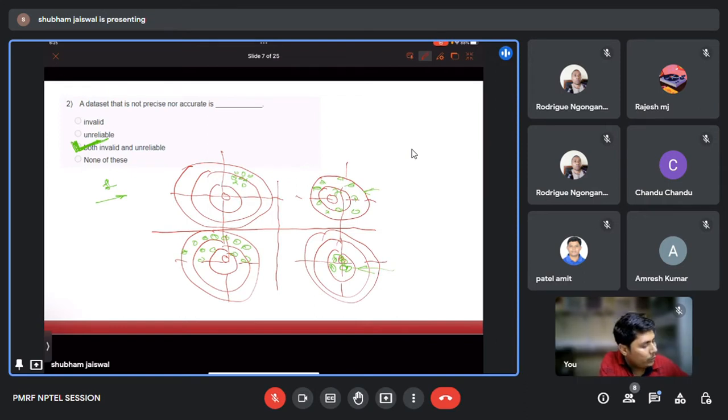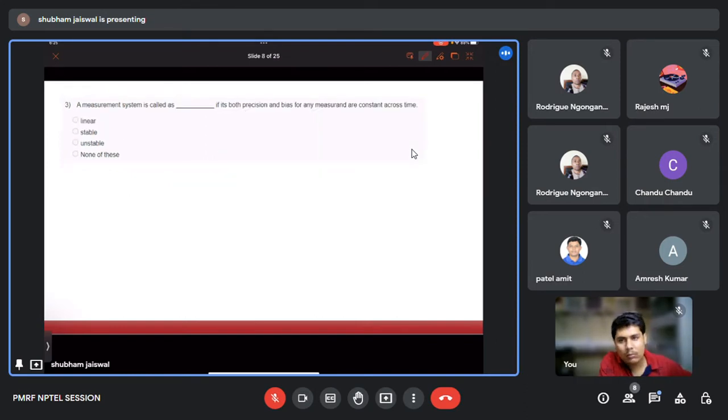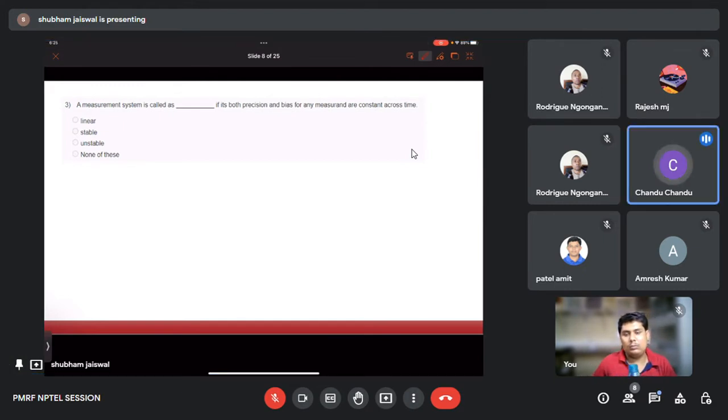Now moving towards our third question. A measurement system is called stable, linear, or unstable if both precision and bias for any measurement are constant across time. Anyone? So, stable.